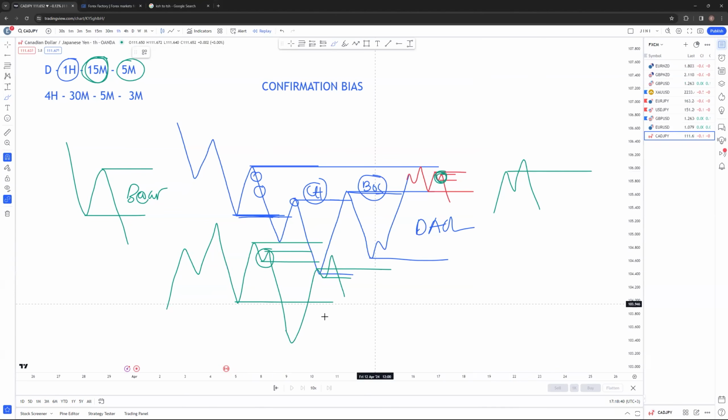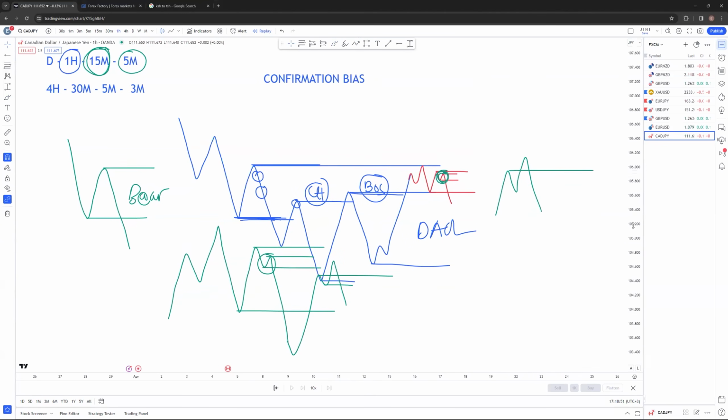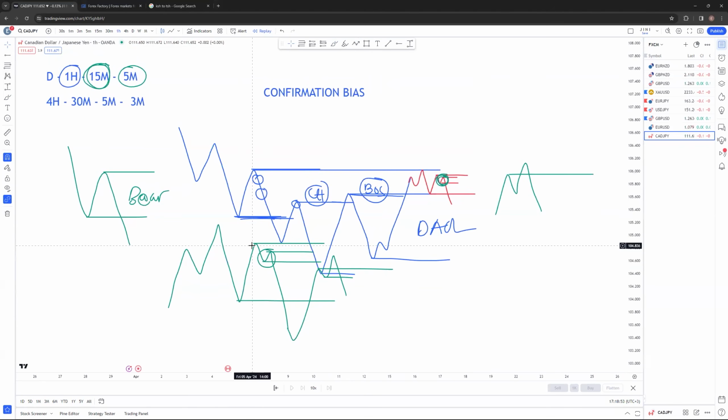Come again, because I lost. So we are already maybe in 15 minutes, right? And then we refine to 5 minutes. And then when I come to 5 minutes, I see a formation in that structure. Can I mark that formation as an entry?